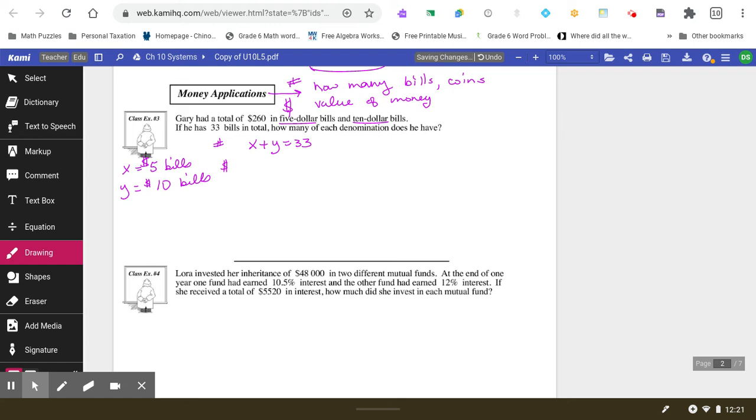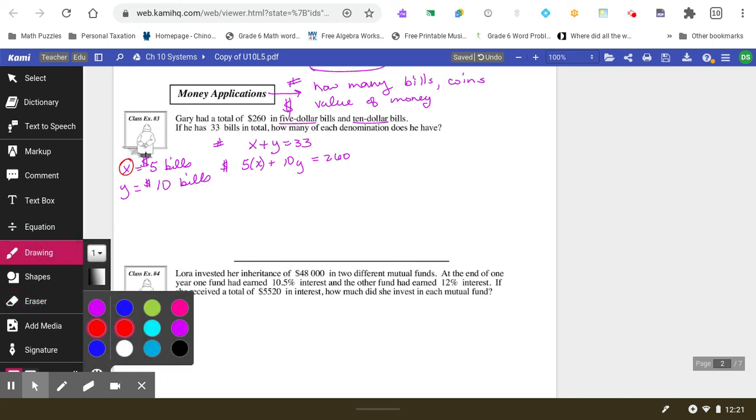Each of these $5 bills is worth $5, and the Y bills are worth each $10. And altogether, I had $260. See it? So each of these bills is worth $5, and each of these is worth $10. Okay, there's your 2 equations.